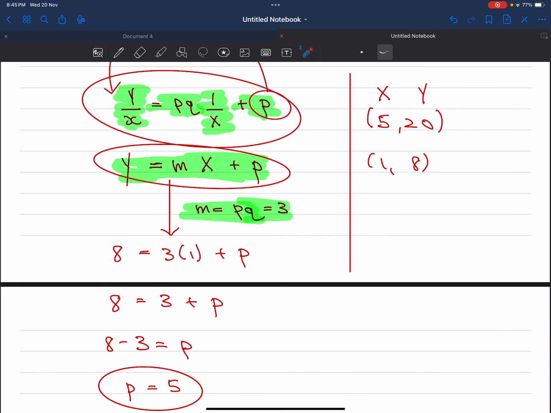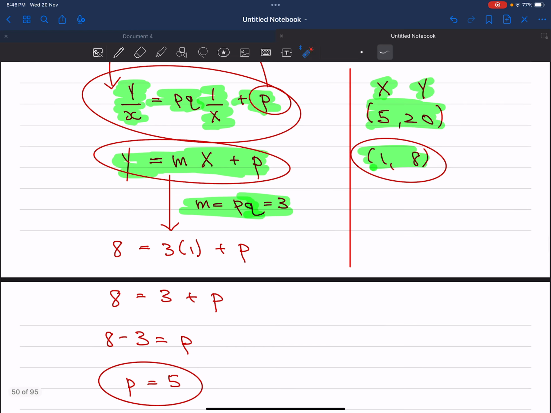The capital Y and the capital X, you can choose any one between (5, 20) or (1, 8). So all of these are capital X, capital Y. Using the equation of capital Y, capital X, use any one of these coordinates and substitute inside. I'm going to choose the easier coordinate, (1, 8). So the capital Y, I'm choosing 8.